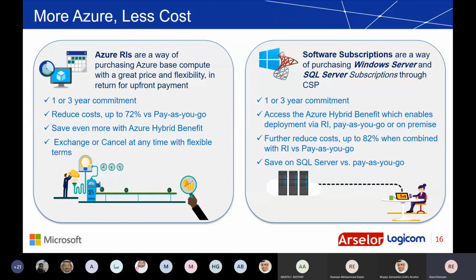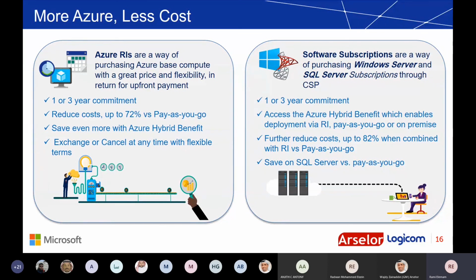In order to change or to cancel your reserved instance, there are small conditions: you will lose like 12%, or you can do the exchange with no charges from Microsoft. Also, Microsoft provides you with another commitment called software subscription, and this is applied on the licensing part, which is the Windows Server and the SQL Server.